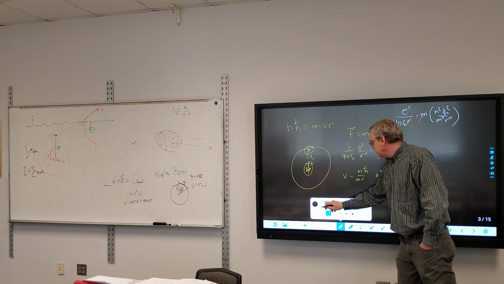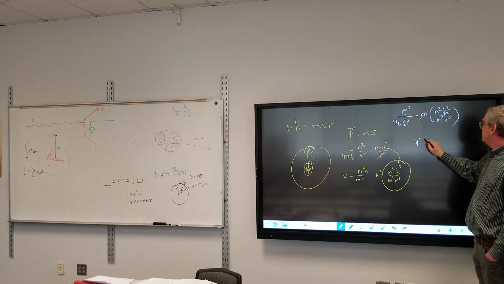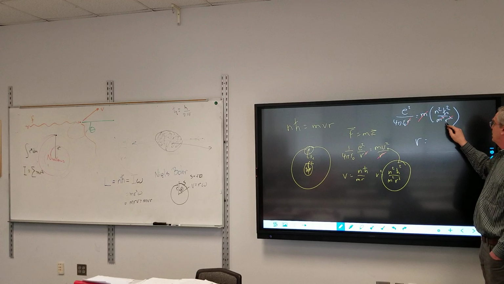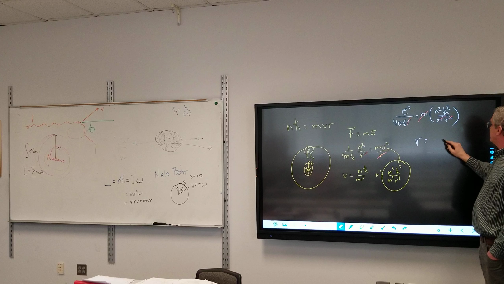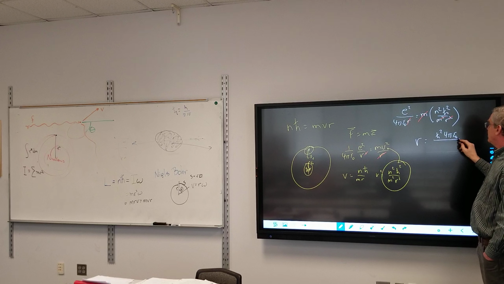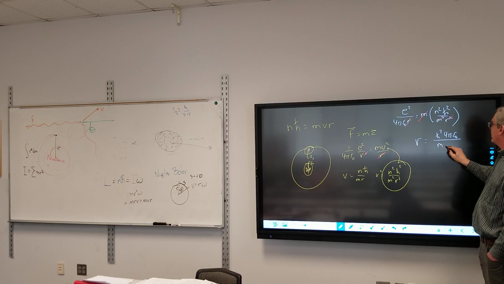So now r is equal to, bringing that up, this down, h bar squared 4 pi epsilon sub naught, permittivity of free space, divided by mass of the electron times the base charge squared, times n squared.